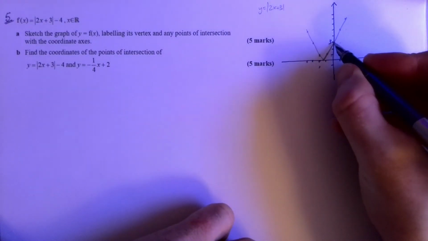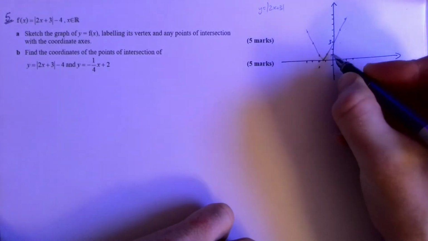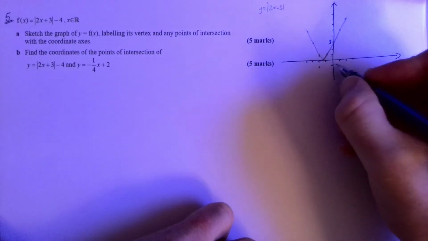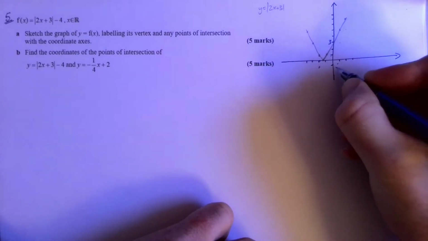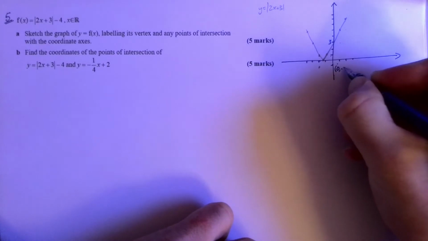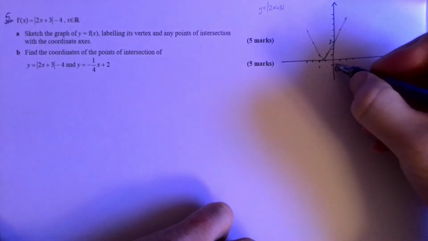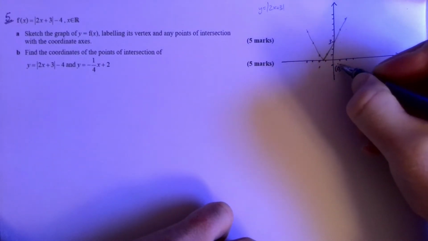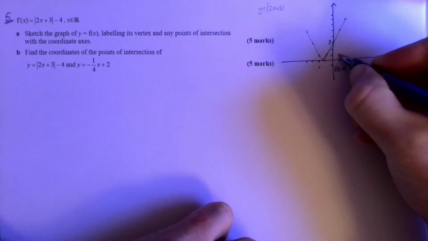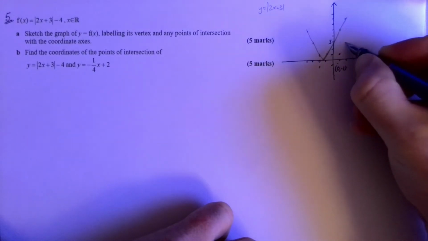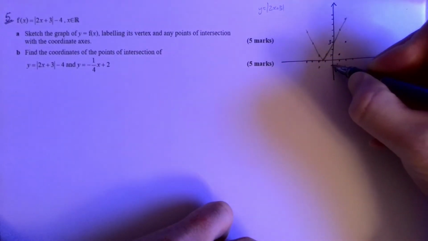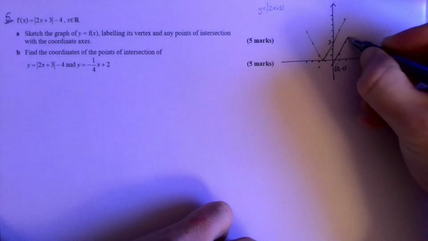So from here, 1, 2, 3, 4, there is my y-intercept. Now that's going to get a mark, so I'm going to put that in there, and then it's going to have that same gradient, along 1, up 2, along 1, up 2, and I just need to mark that in.